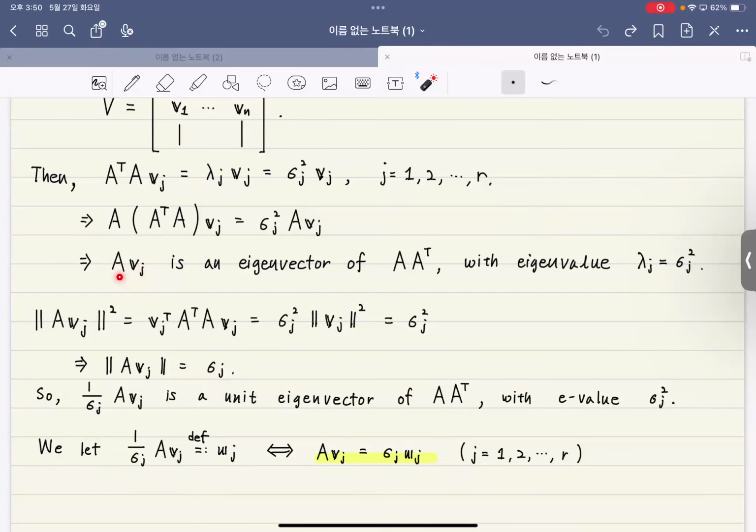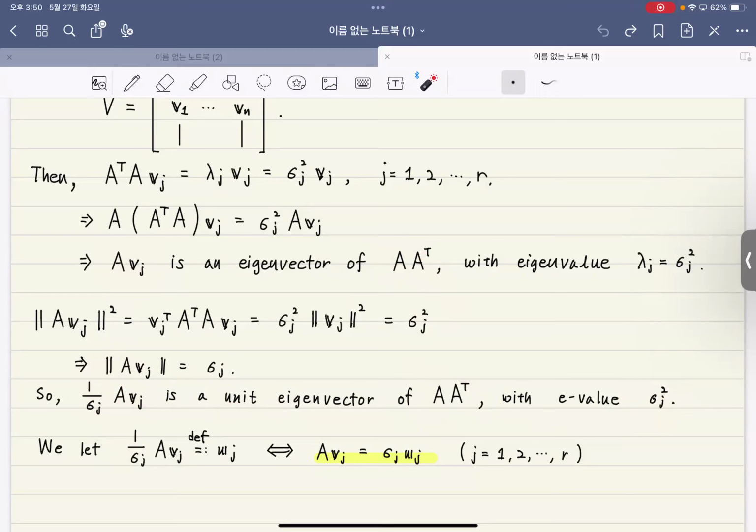So if you normalize this vector by dividing by its length, this is a unit eigenvector of A A^T whose eigenvalue is sigma j squared.